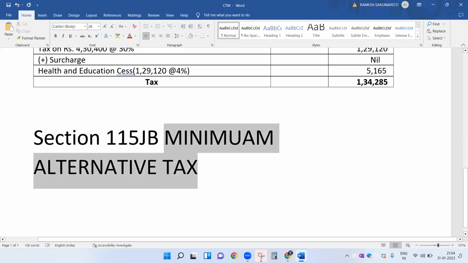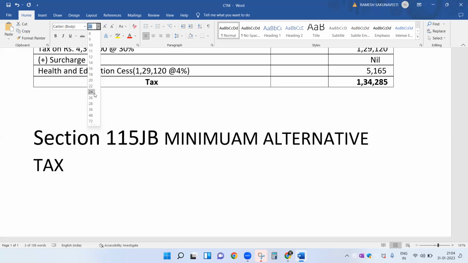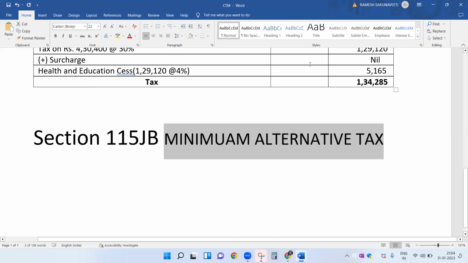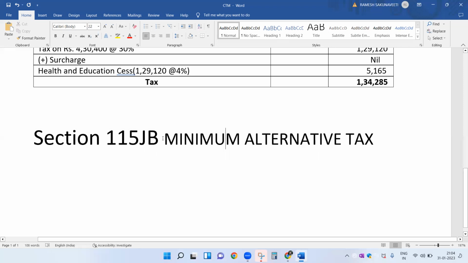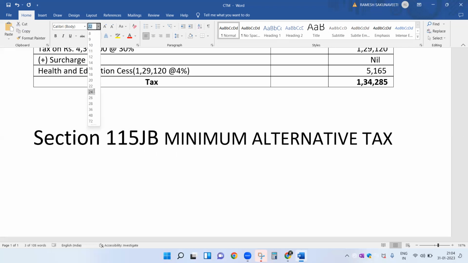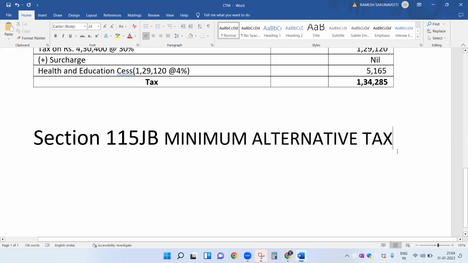Minimum alternative tax, 115JB, you will find in every question paper. At least they will ask you the concept of minimum alternative tax. What do you mean by minimum alternative tax? They will normally ask, but even if they ask or not, you have to know, as a student of tax, what is minimum alternative tax.